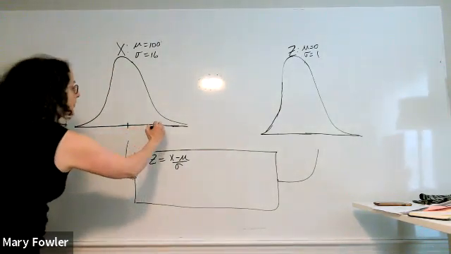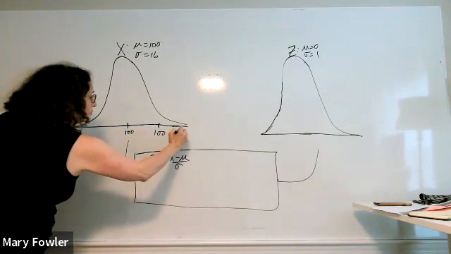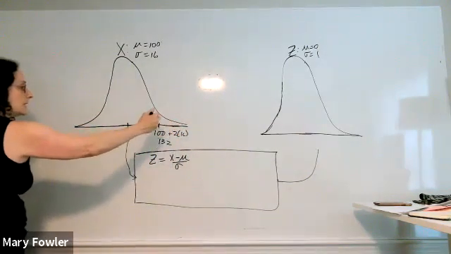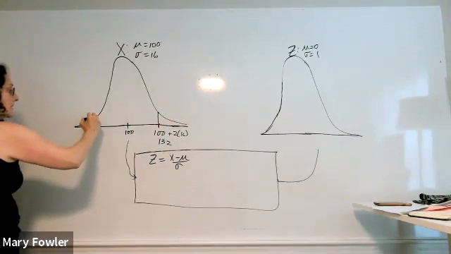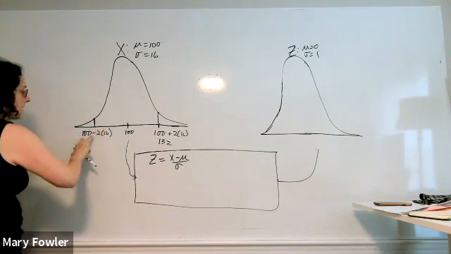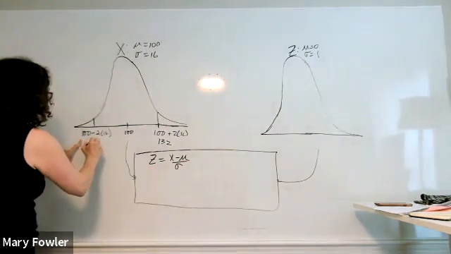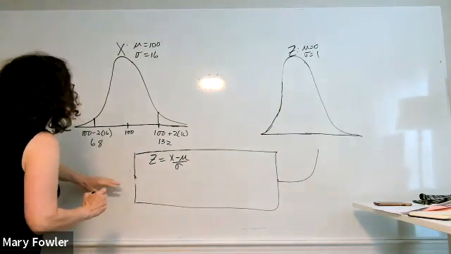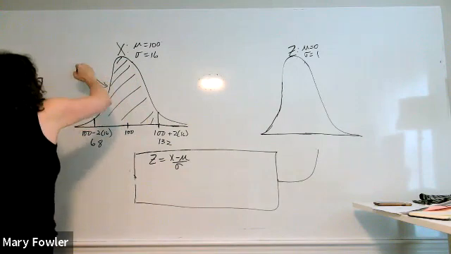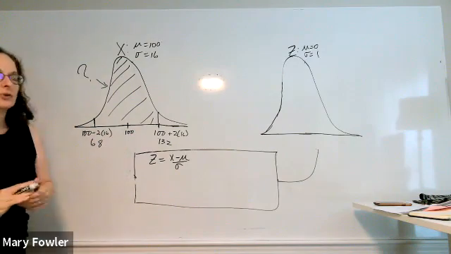The upper bound is mu, 100, plus 2 times 16, 100 plus 32, or 132. The lower bound is 100 minus 2 times 16, 100 minus 32, which is 68. The area in question is the area within 2 standard deviations of the mean, between 68 and 132.